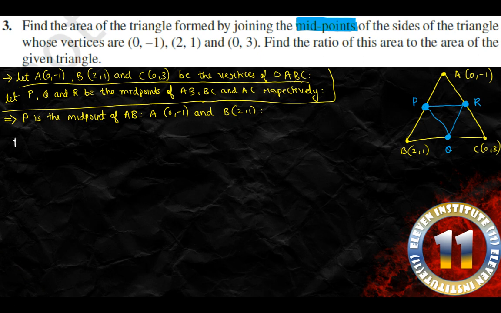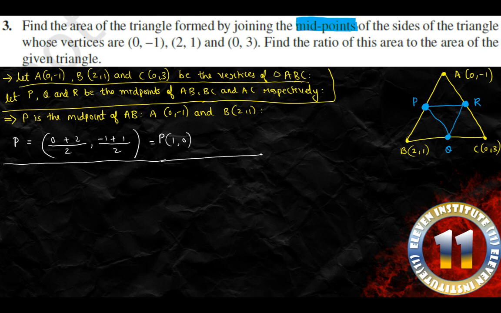So I can write P is equal to, we know very well that in the midpoint formula we have whole divided by 2 and in between we have plus. Now add the first two numbers which are 0 and 2, and the other two numbers are -1 and 1. So 0 plus 2 is 2, 2 upon 2 is 1. -1 plus 1 is 0, 0 upon 2 is 0. So 1, 0 are nothing but the coordinates of P, right? P is 1, 0. Next, we shall find the coordinates of Q and R respectively by same method.